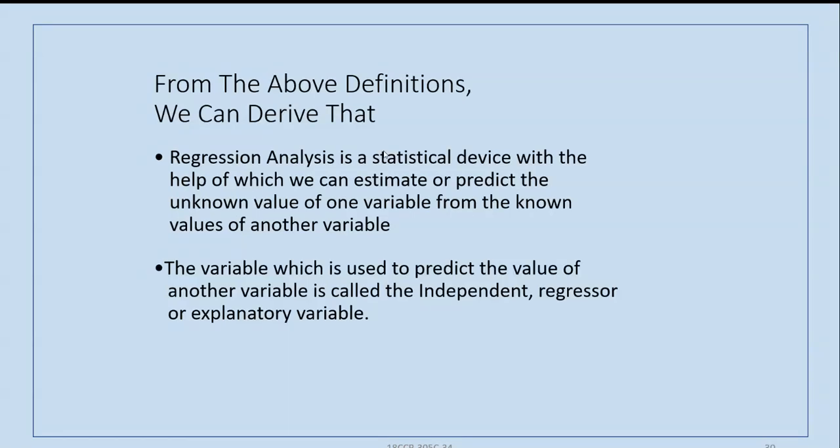From the above definitions, we can conclude that regression analysis is a statistical device. No doubt regression is a statistical device. Correlation is also a statistical device, with the help of which we can estimate or predict the other value.